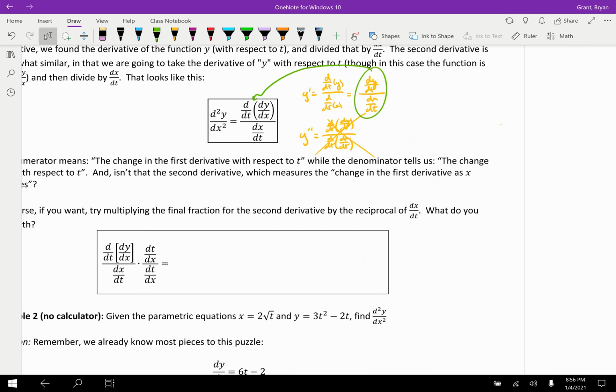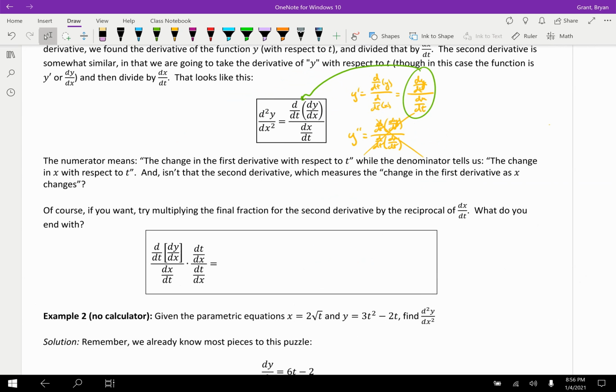And why are we doing that? Well, it's all about what it means, and so we're going to break it down one piece at a time. This numerator means see how the first derivative changes with respect to t. And that'd be pretty good. But we want to know how y changes with respect to x. And so if we just look to see how the first derivative changes with respect to t, that isn't giving us what the problem asked for.